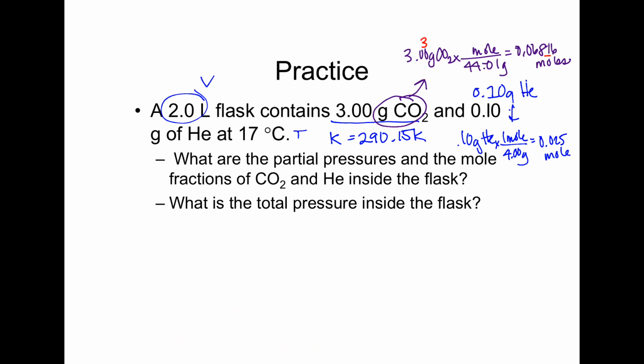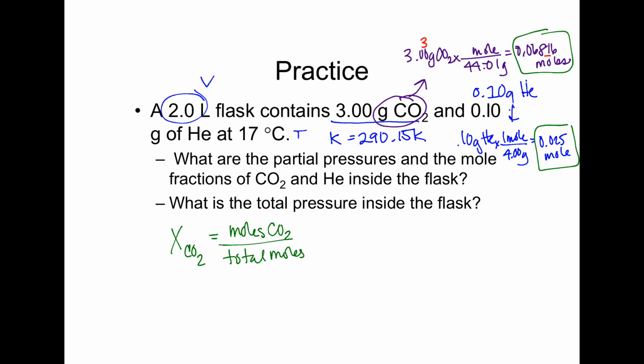And we've done that in our work over here. So we know the moles of the carbon dioxide and we know the moles of the helium. The mole fraction of carbon dioxide is going to be the moles of carbon dioxide divided by the total. And the mole fraction of helium should be the moles of helium divided by the total.